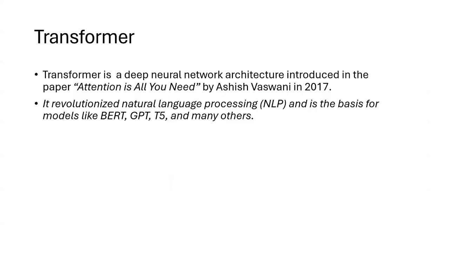What is a transformer? Transformer is a deep neural network architecture introduced in the paper Attention Is All You Need by Ashish Vaswani and his team in 2017. It revolutionized natural language processing and is the basis of models like BERT, GPT-5, and many others. In fact, generative AI application and use became more popular when GPT came into the picture a few years ago.